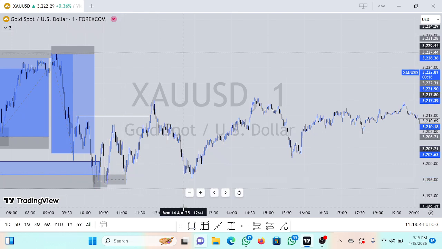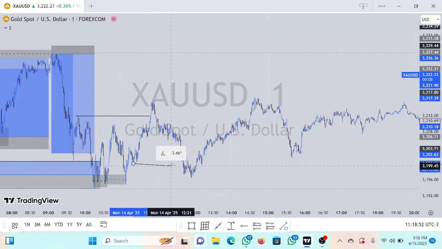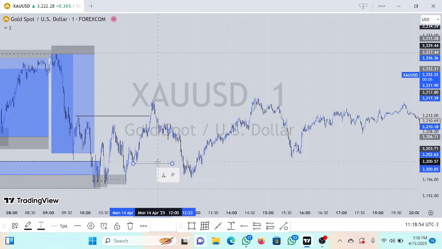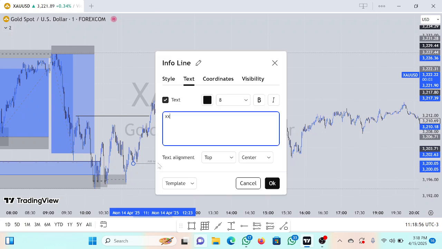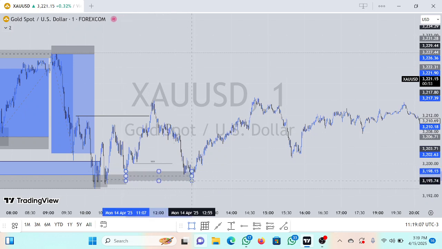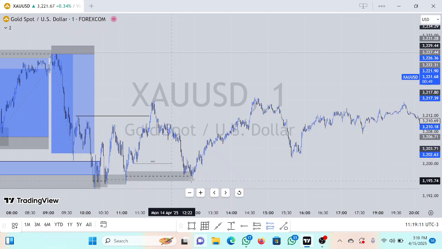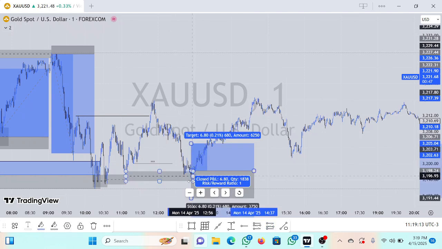At this point, you can see there is a break of structure here, an overall break of structure here, an inducement here, or engineered liquidity here. So the next thing, we use the block at the extreme which is responsible for the break of structure. So we ride our buy, we take our buy to the upside.